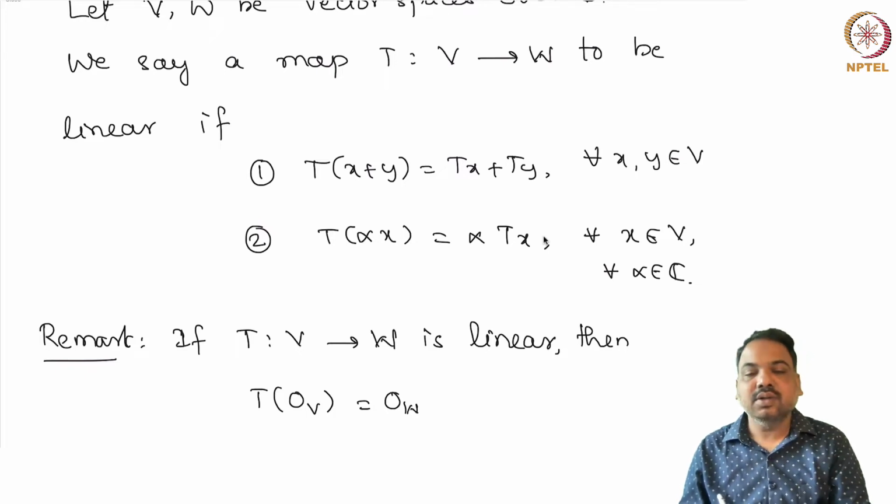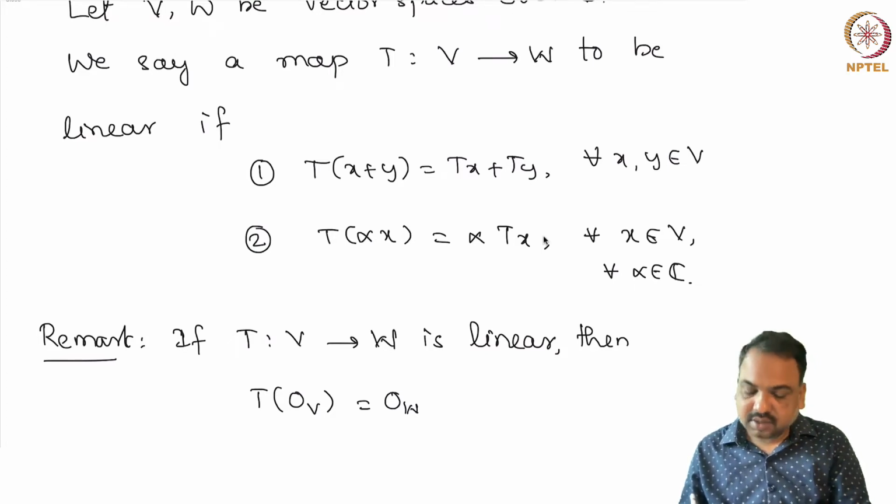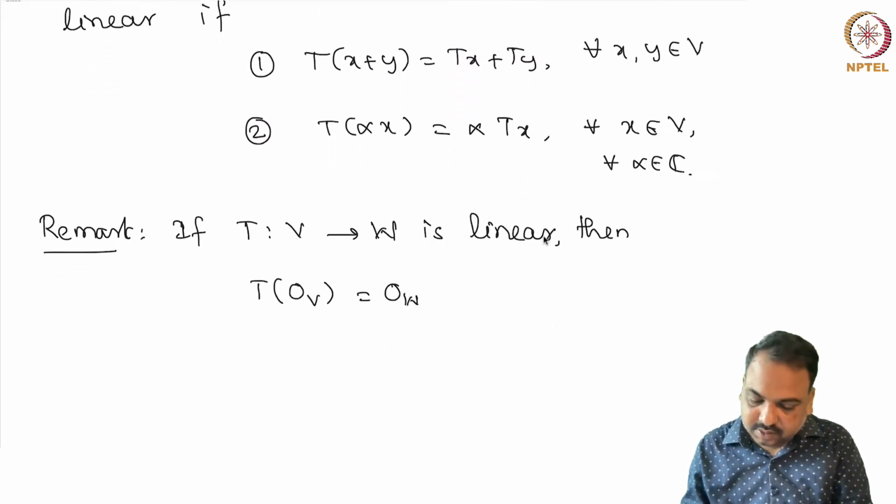You take alpha to be 0 and x any vector, then alpha times x is 0. So T of 0 is 0 times T of x, for any other vector x. So you will get 0.